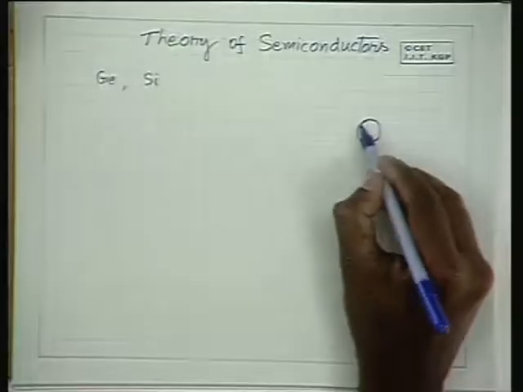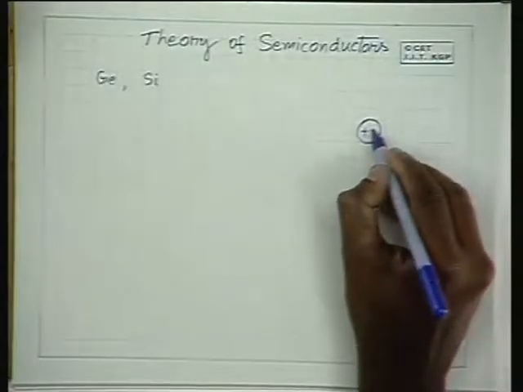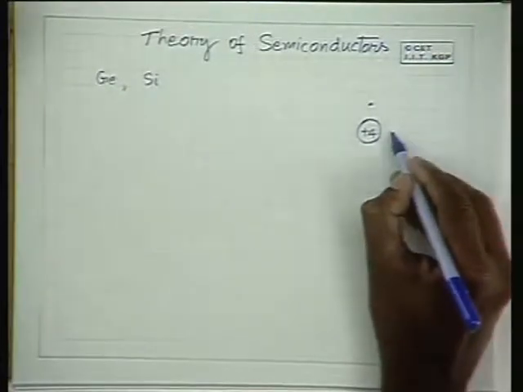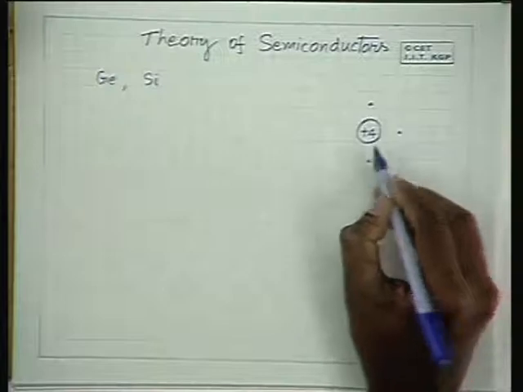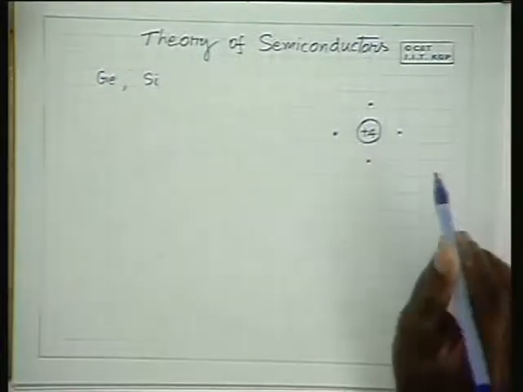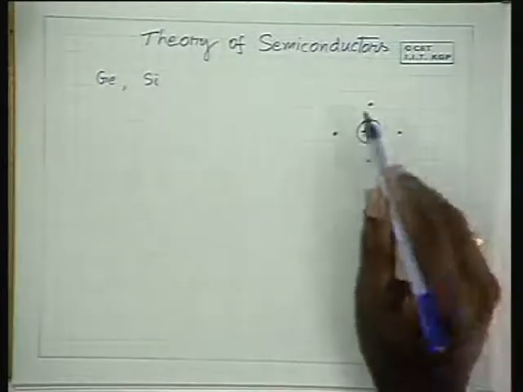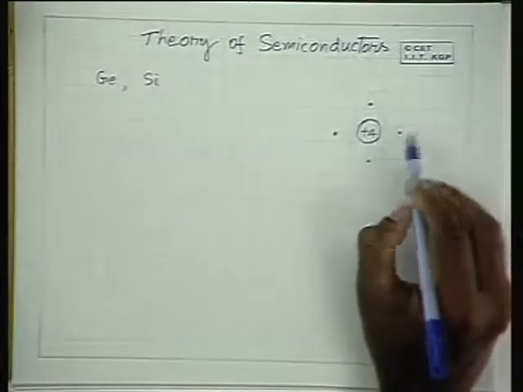Now, a bulk material forms by forming covalent bonds between one atom and another atom. So, look at this diagram. You have a tetravalent material with 4 valence electrons in the outermost valence state.